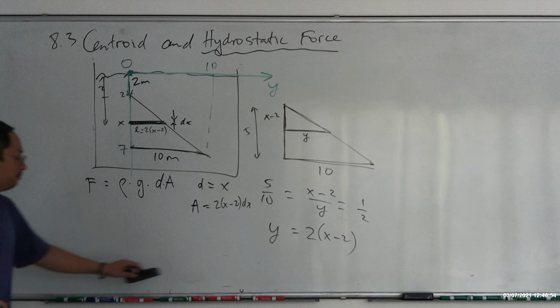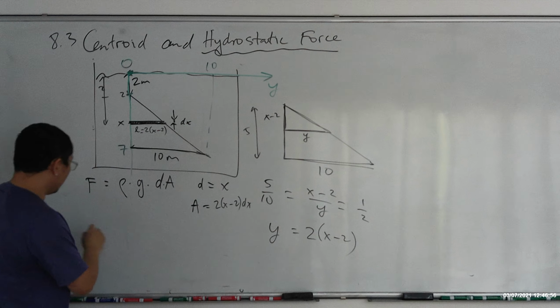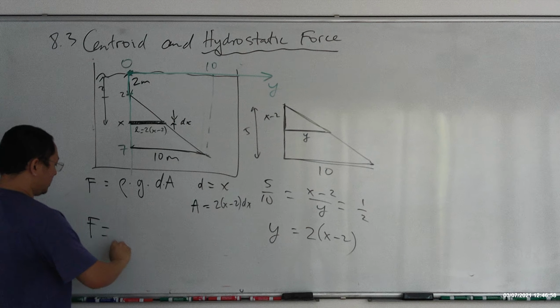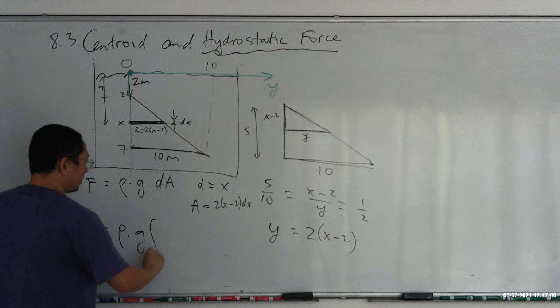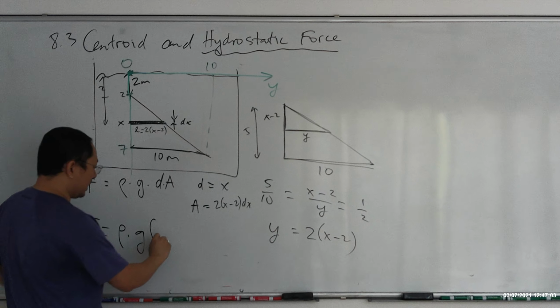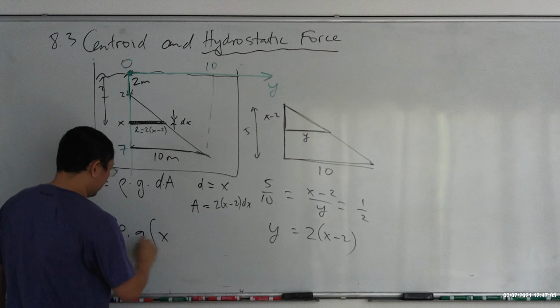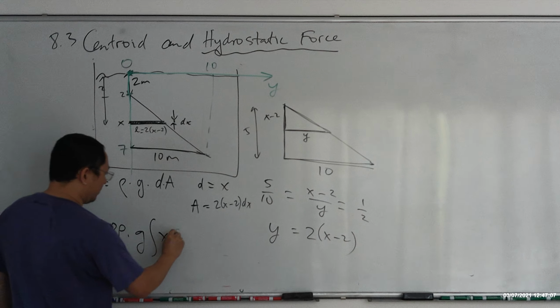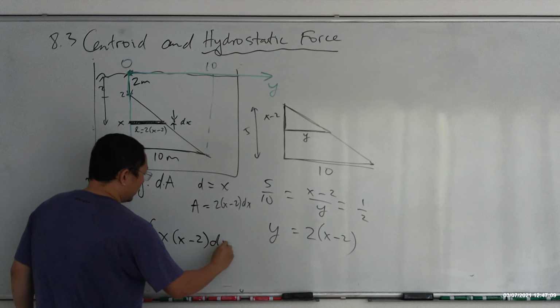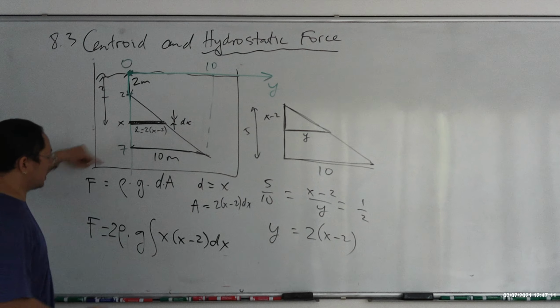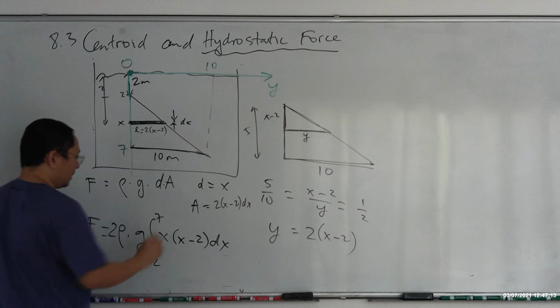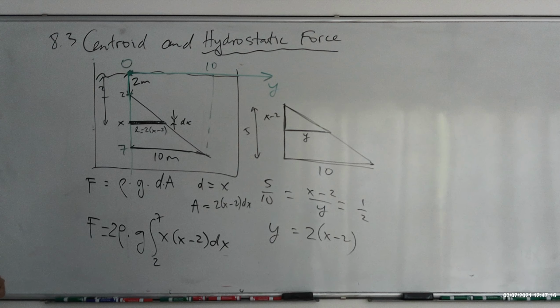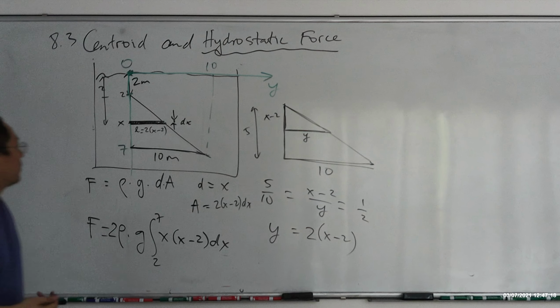So the total force is rho g times the integral. The depth is x, and the area is, I have a 2 as a constant, I'll bring it out, x minus 2 dx, and x goes from 2 to 7. You calculate this integral, and you have the total hydrostatic force.